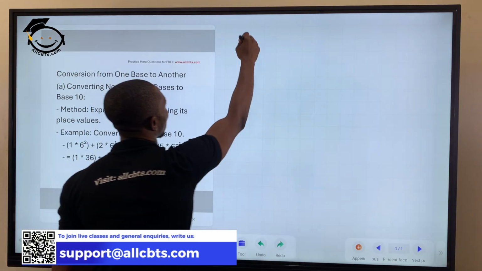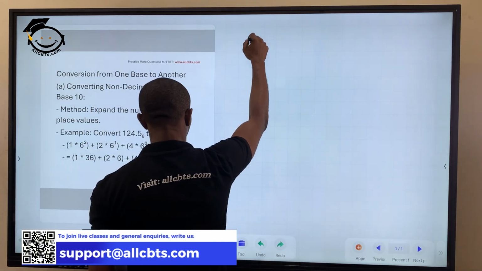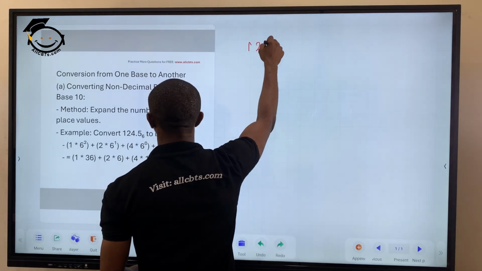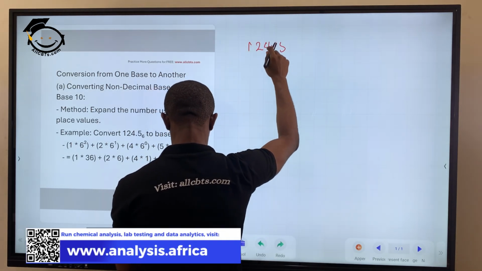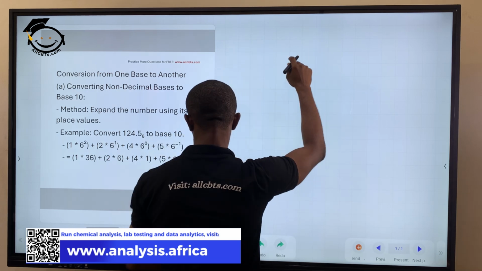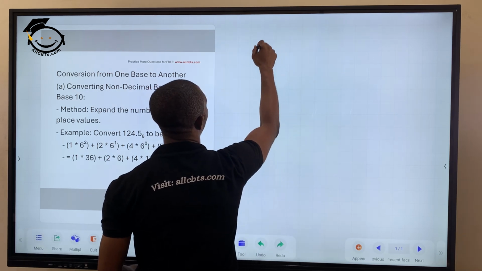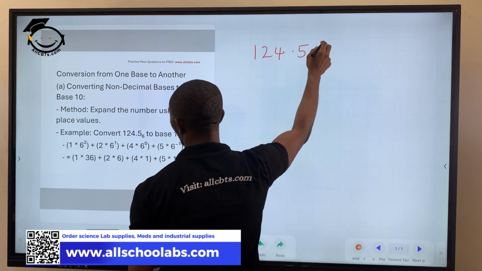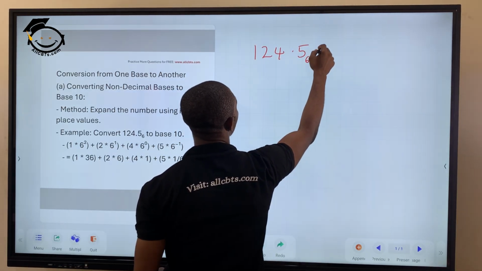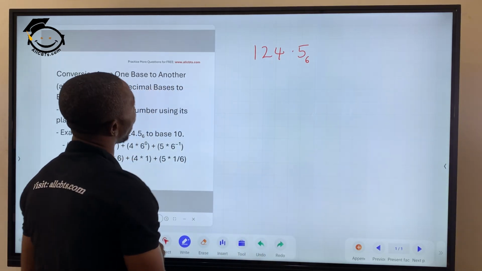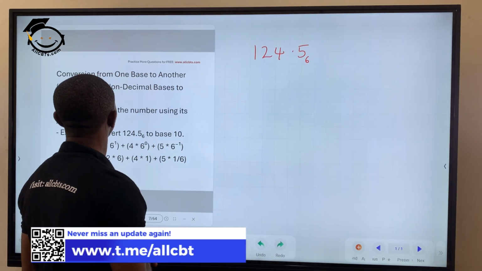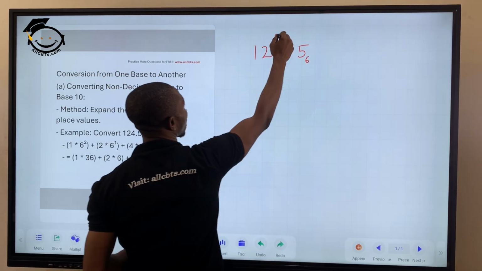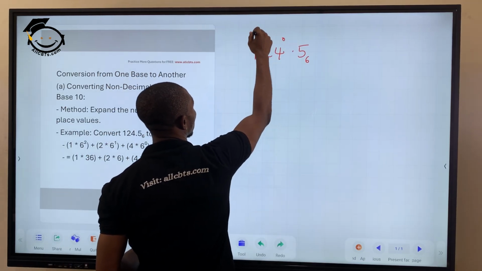So we have an example here: 124.5 base 6 to base 10. Now, if you are converting to base 10, we'll first of all label the digits 0, 1, 2.